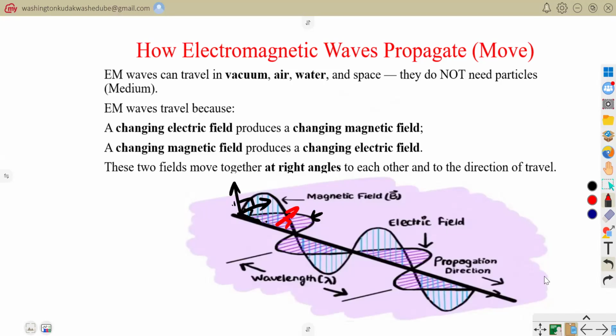So from this, since we have classified these as transverse waves, we would get to see that they have what we call crests and they have what we call troughs. And this will lead to them having a wavelength, which is the distance between one complete wave, which is to say the distance between two consecutive crests or troughs.